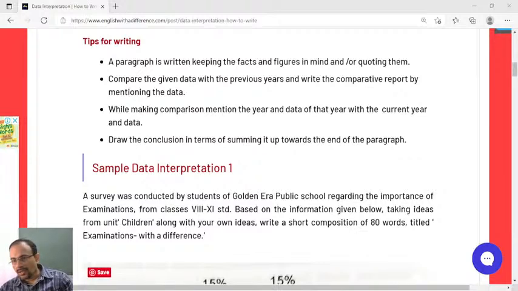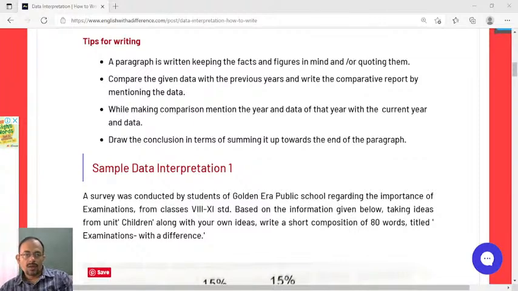So the comparison can be between 2 things or among multiple things, but the data taken for comparison will be from a similar category only. If it's gadgets, it will be gadgets only. If it's subjects, it will be subjects only.